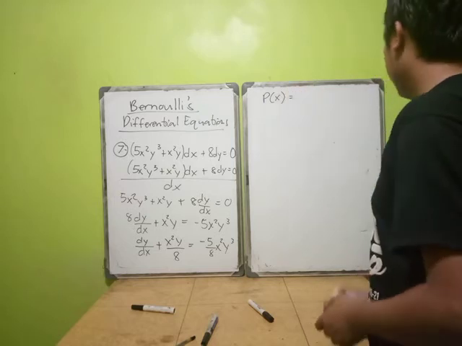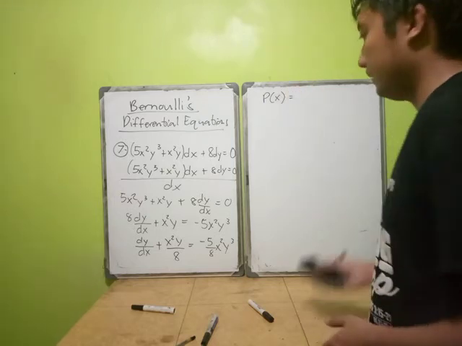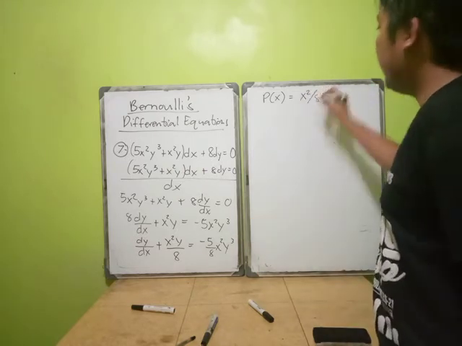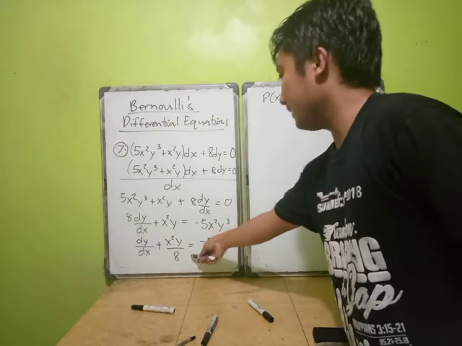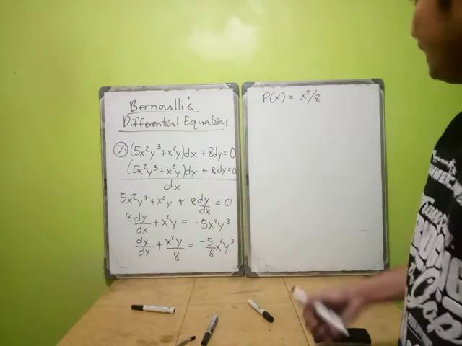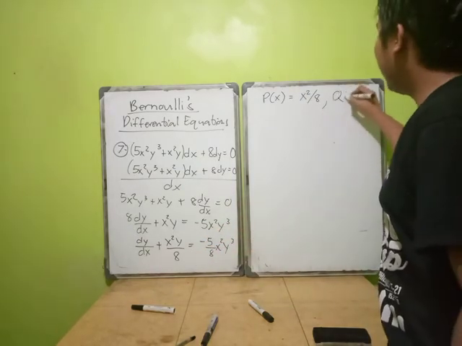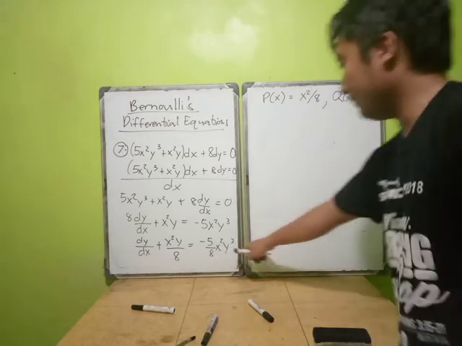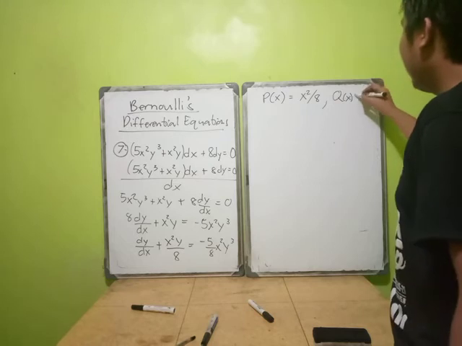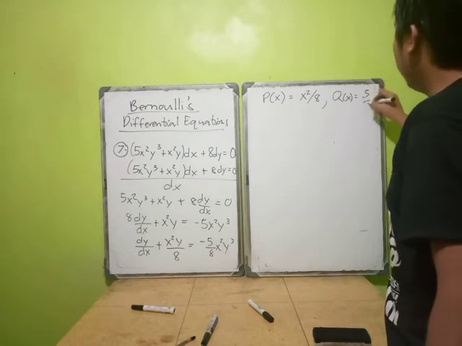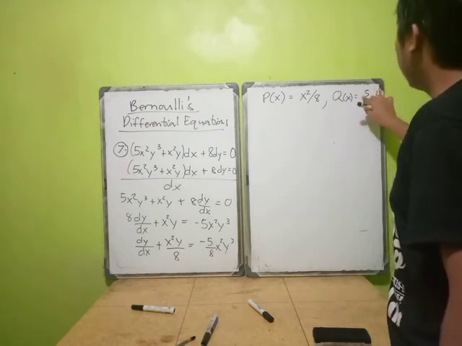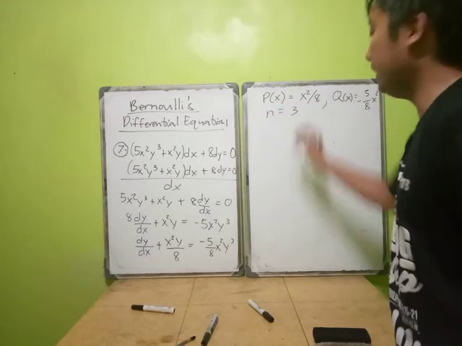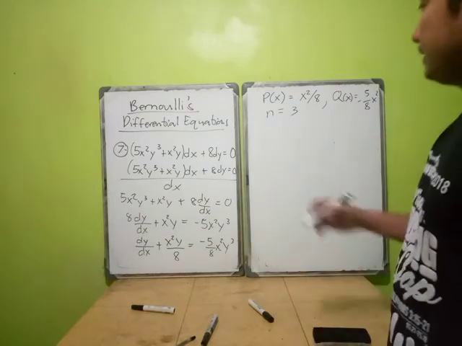So, si p of x dito is x squared over 8. Yan, katabi ni y. And then, si qx natin is yung katabi ni y cube. Okay? Y to the power of n. So, dito, qx is negative 5 over 8 x squared. At saka yung n natin is 3. Okay? So, ilagay na natin sa template.